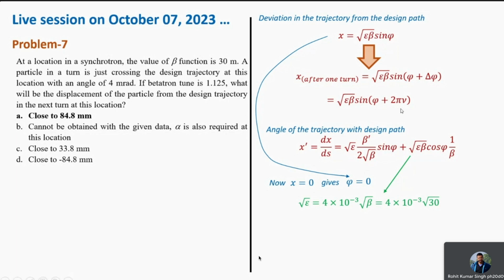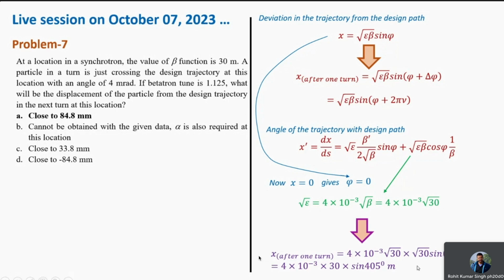Also, you know tune. So using this expression, you can calculate the displacement of that particle after one complete turn. So x is equal to under root emittance times under root beta. Under root emittance is just 4 into 10 raised to minus 3 into root 30.